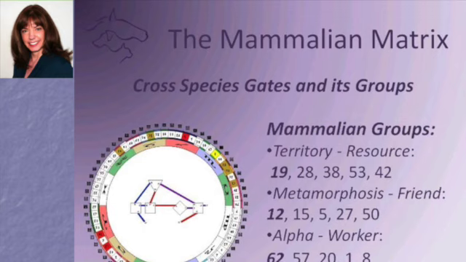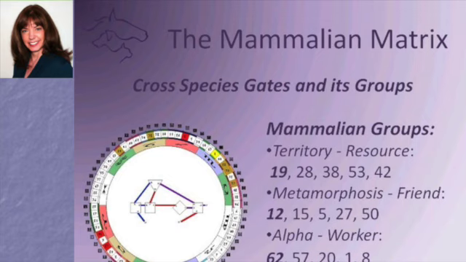The 22nd gate is not in the mammalian design. So if you have that, you automatically have a connection with any animal that carries the 12th gate. And there's this bond that is created, this friendship that's created by that particular electromagnetic connection.